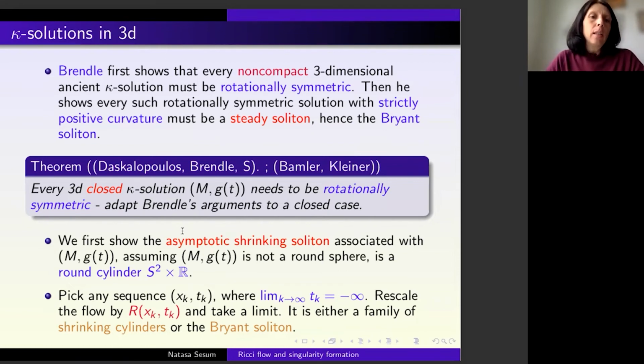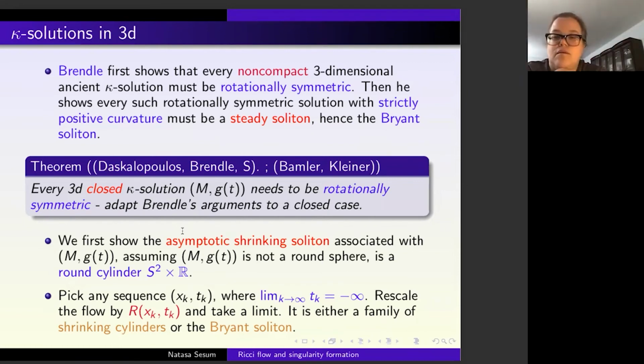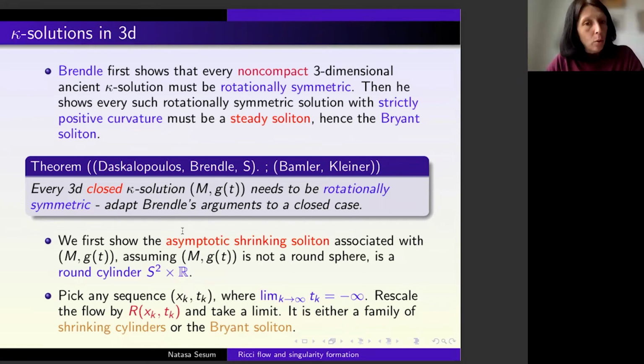So now we consider the compact 3D kappa solutions, and together with Brendle and Daskalopoulos, we proved that such a solution also has to be rotationally symmetric. To prove this theorem, we adapt Brendle's arguments to our closed case.